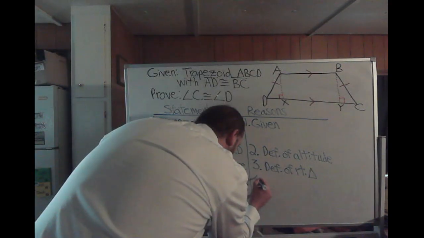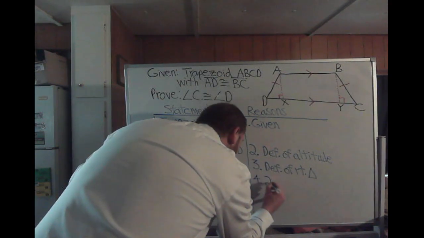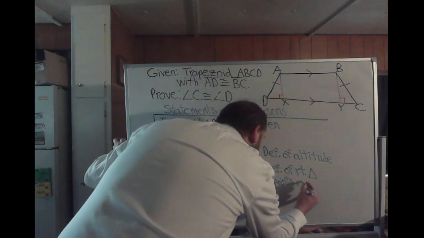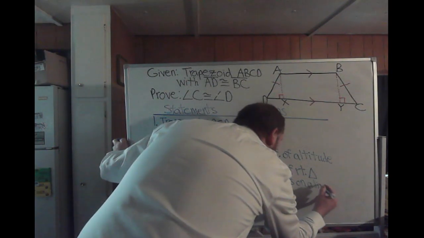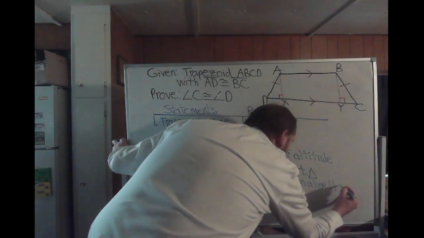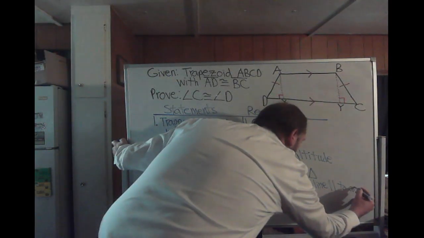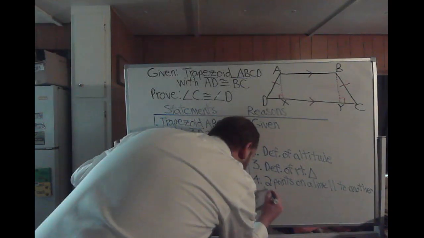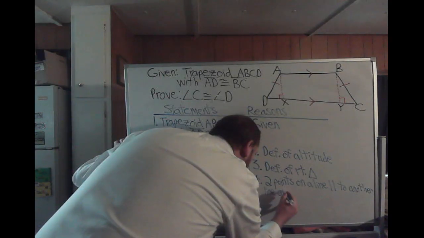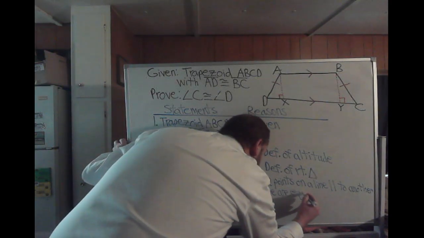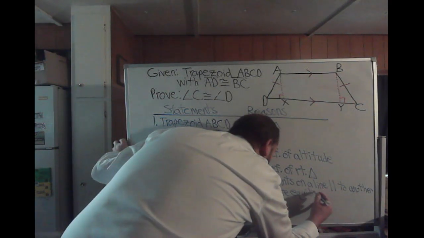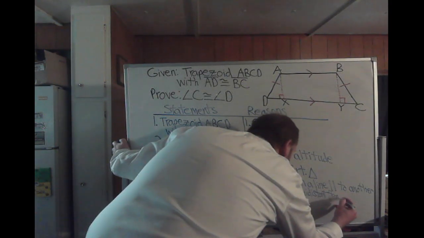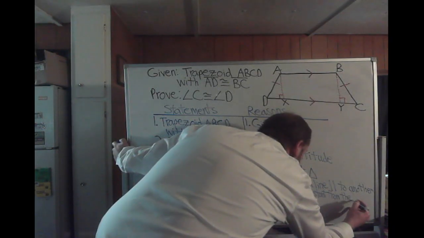So by that theorem, two points on a line parallel to another line are equidistant from the second line.